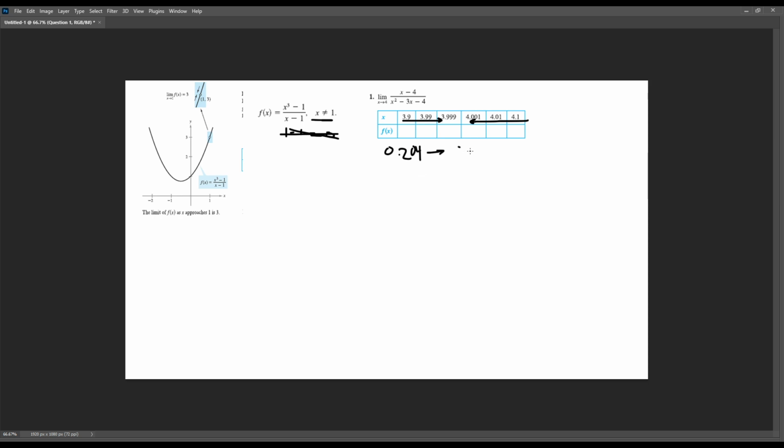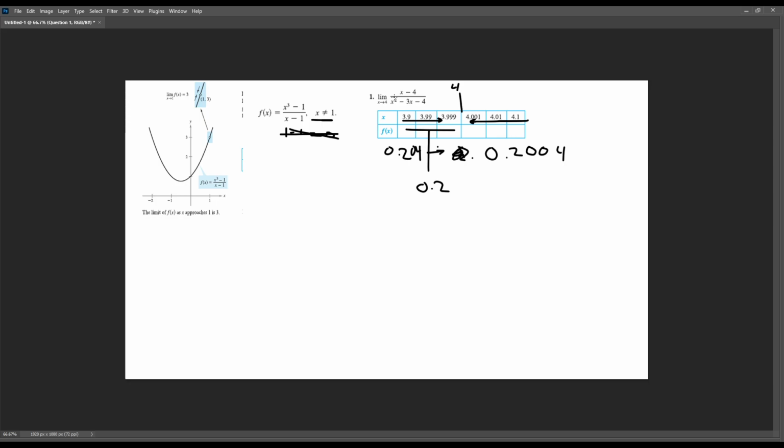So we get 0.2004 and so on, and we just continue that, and right here we get about 0.2. And of course, right here is 4, and this does not exist.